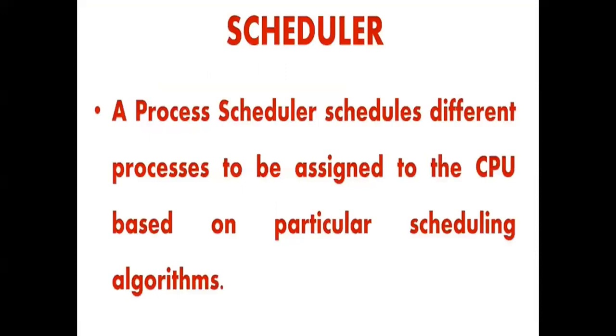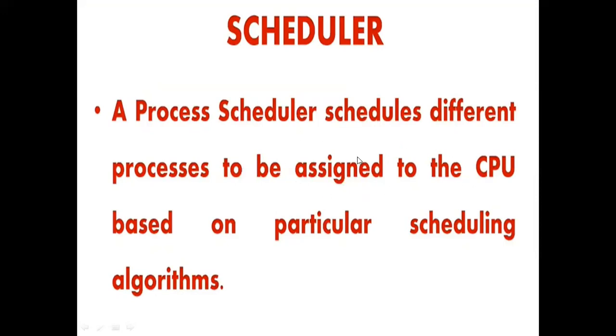First, let us have a look at what is meant by a scheduler. A process scheduler performs the scheduling activity, that is, it will schedule different processes to be assigned to the CPU.